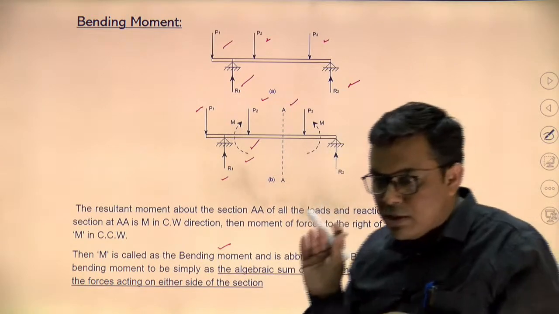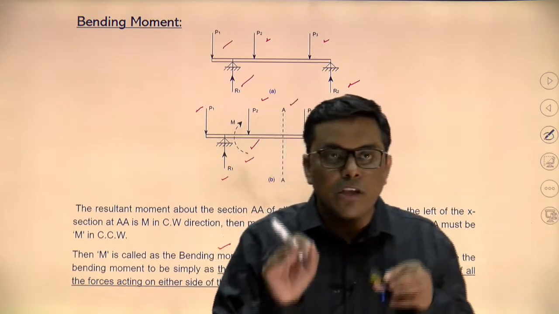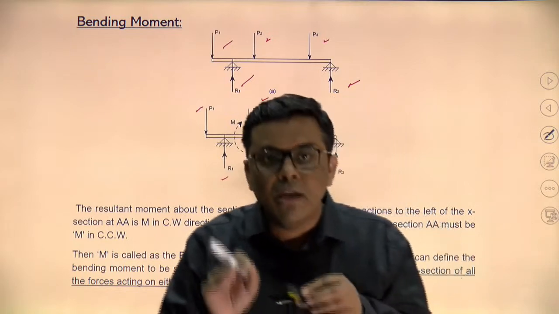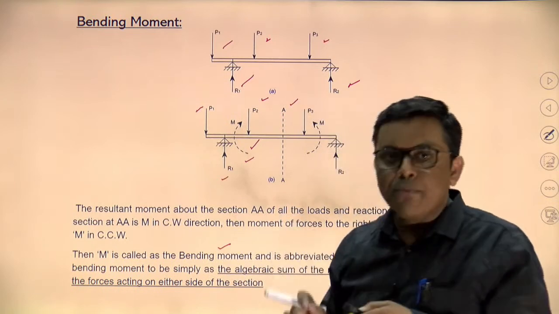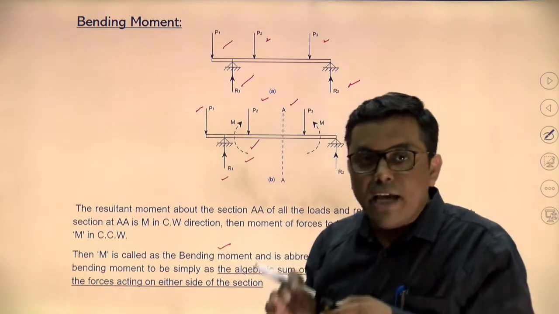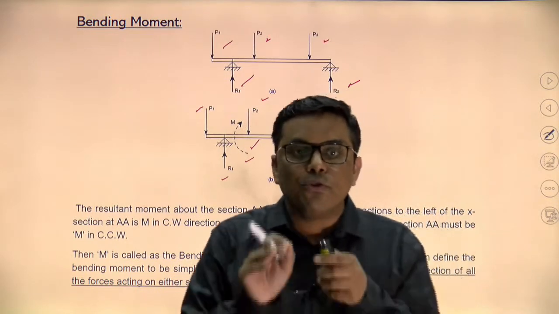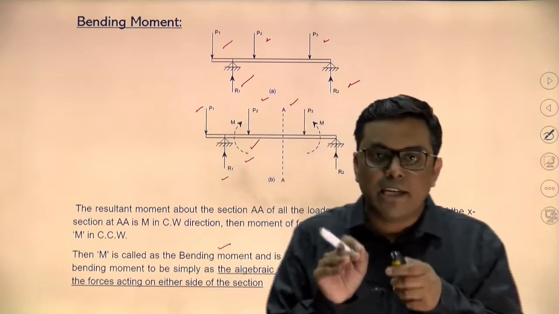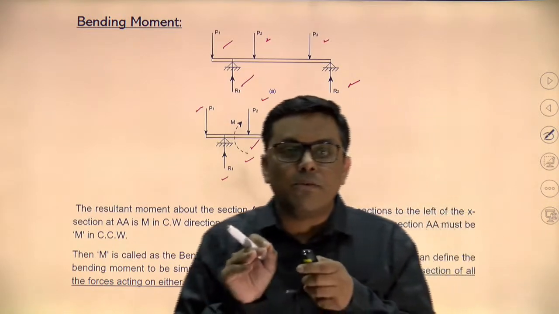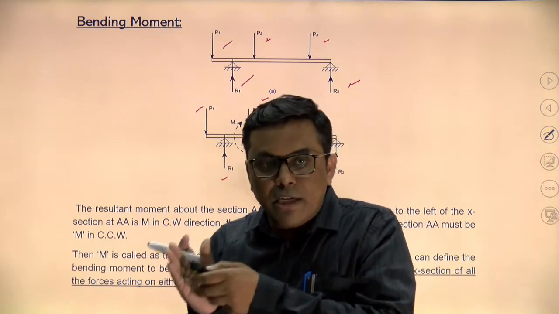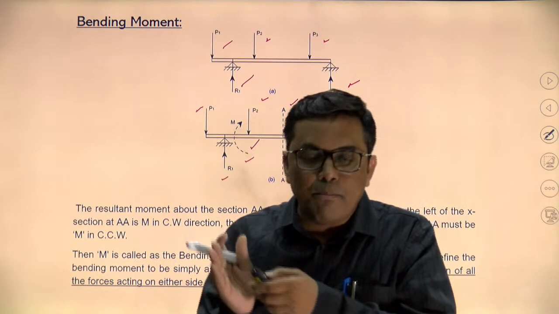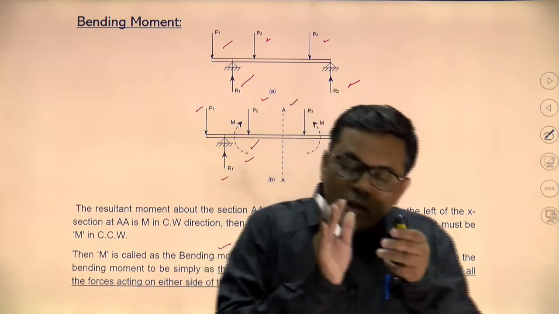Okay. So, I hope this is now well understood, what basically the shear force is and what basically the bending moment is. Shear force, I am again repeating, is the algebraic sum of all the forces acting on either side of the section plane, and the sign convention for it is: on the left side of the section plane, if the resultant of all the forces is upward, it will be considered as positive.